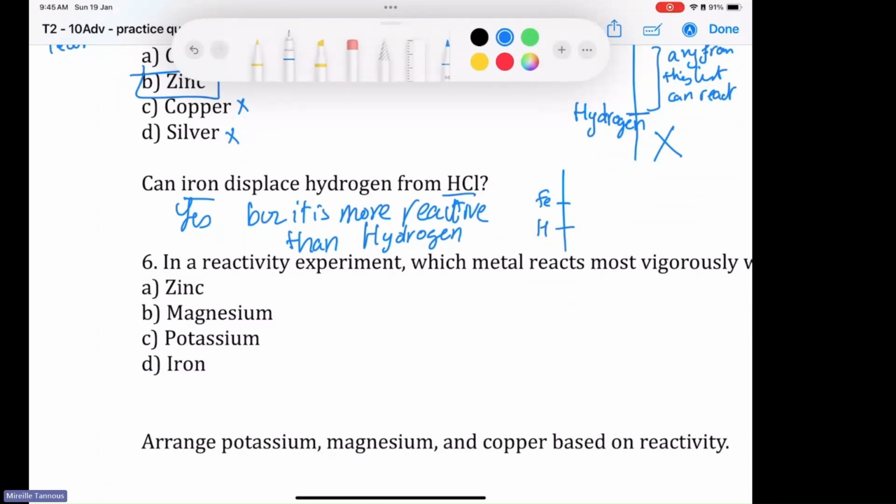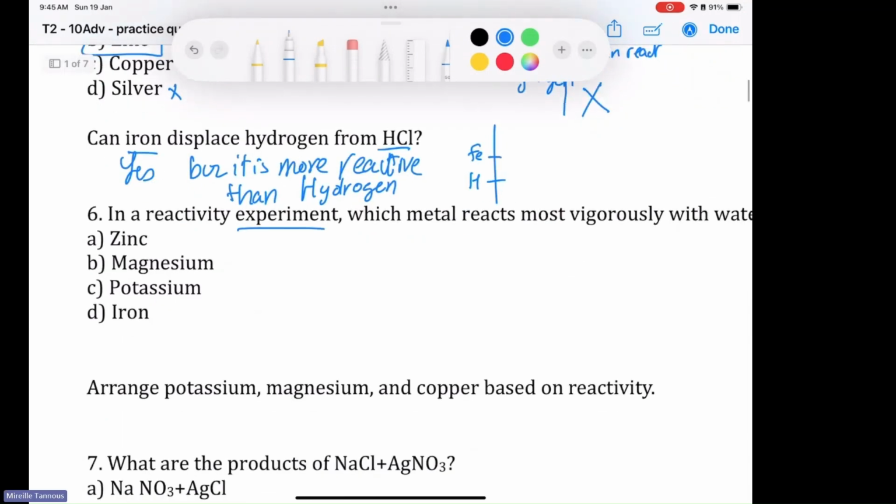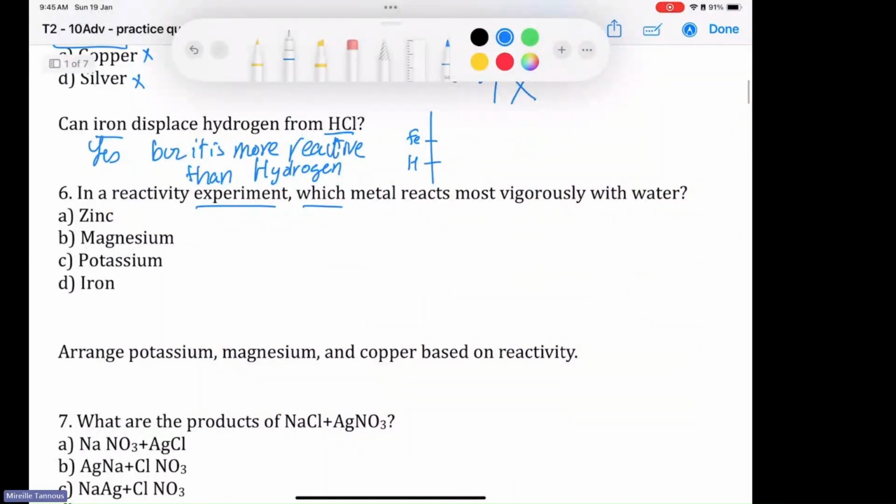Next, in a reactivity experiment, just like the one you did in the lab, metal reacts most vigorously with water. So which metal? So it reacts vigorously.